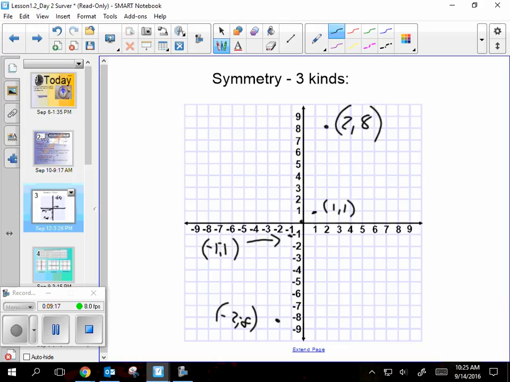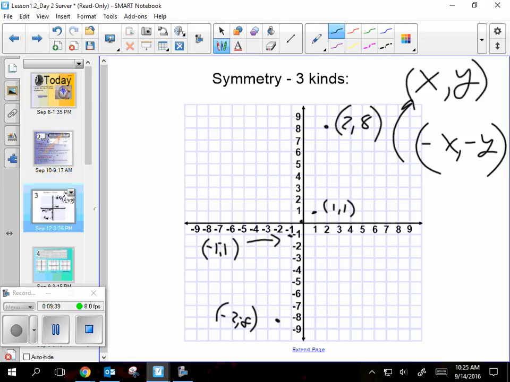So would you say in general that x, y turns into what? -x, -y. Awesome. That's origin symmetry. If -x and -y go with x and y, then you've got origin symmetry.